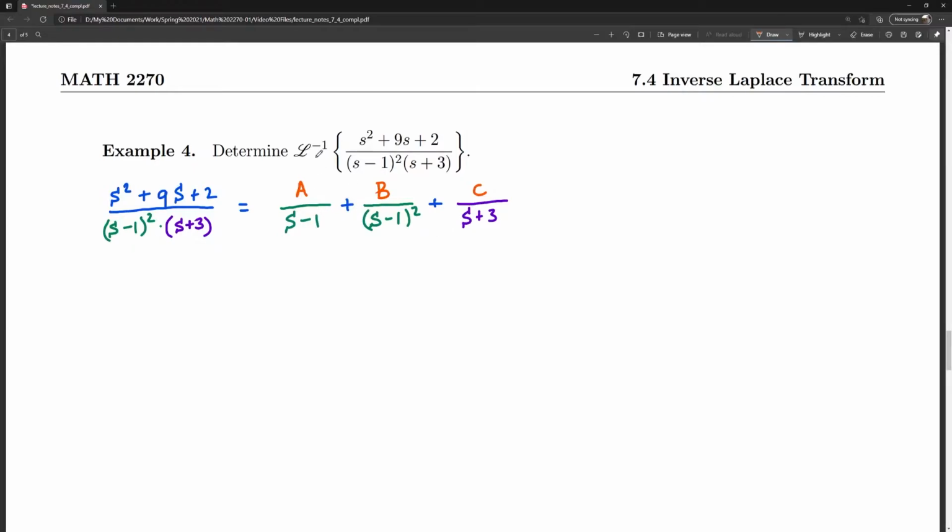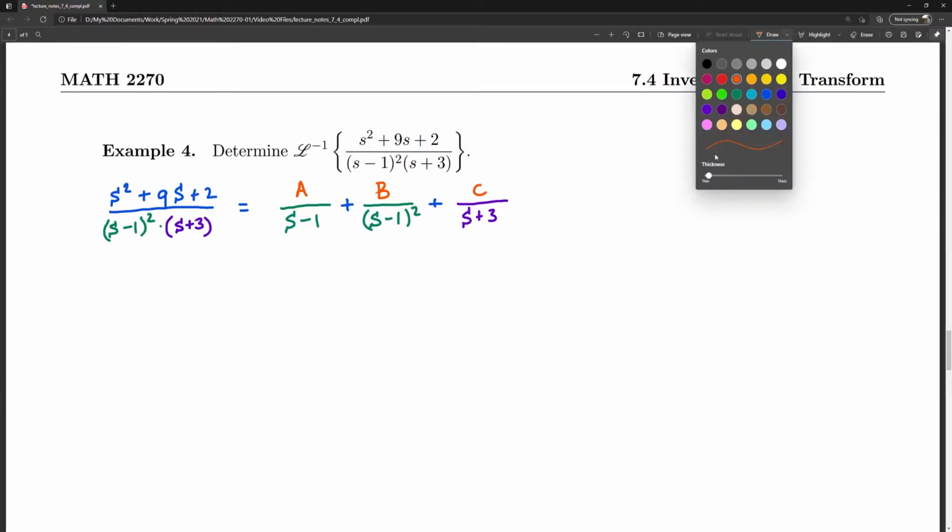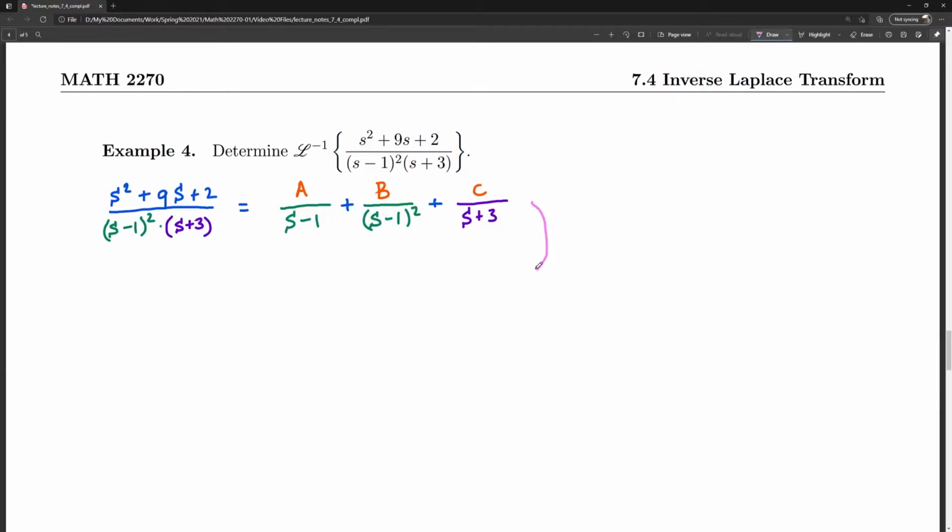Now, in order to figure out what A, B, and C are, we're going to multiply both sides times the denominator here on the left. So I'm going to take this expression on the right, and I'm going to multiply it by (s minus 1) squared times (s plus 3).